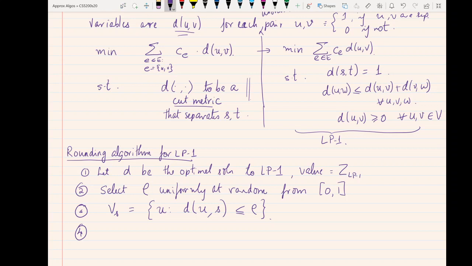And the edges that cross V_s are going to be my set F.